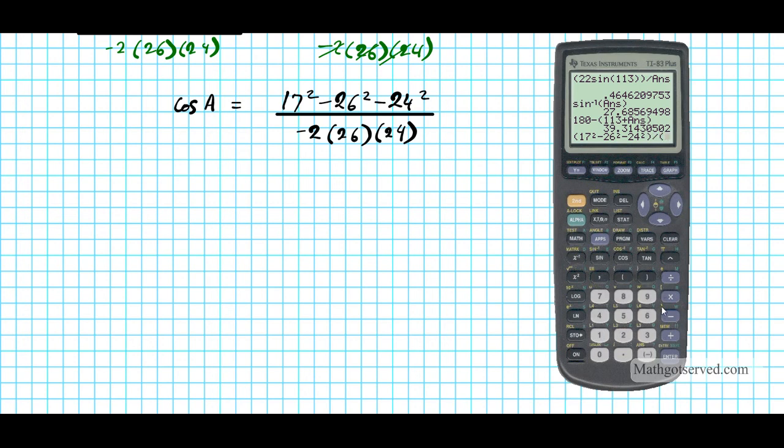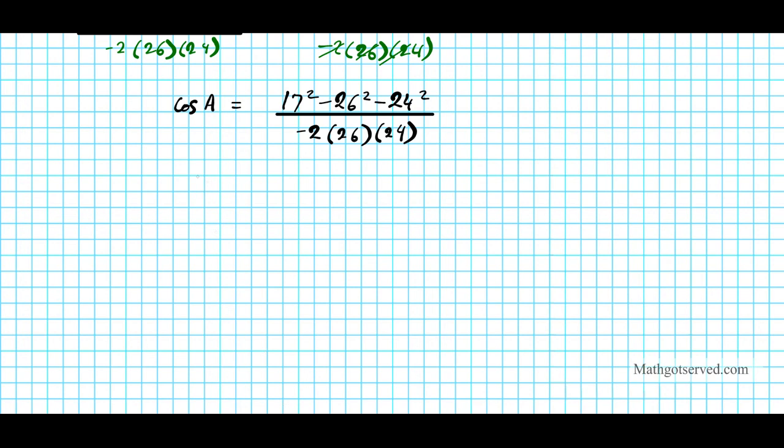Use the negative, not the minus. So negative 2 times 26 times 24. Close that. Enter. 0.7716. Okay. All right, so let's write that down, 0.7716.